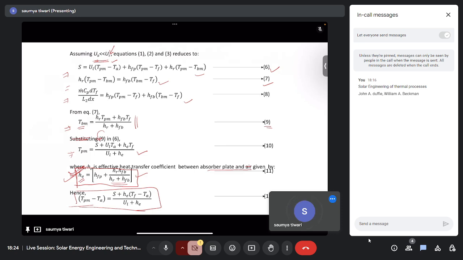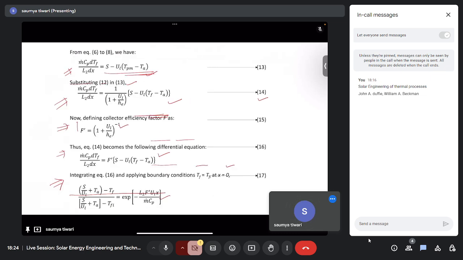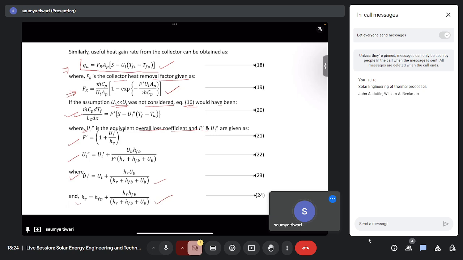And then this collector efficiency factor is also another important formula. Based on this you can calculate your Q useful. And now you have the collector heat removal factor.